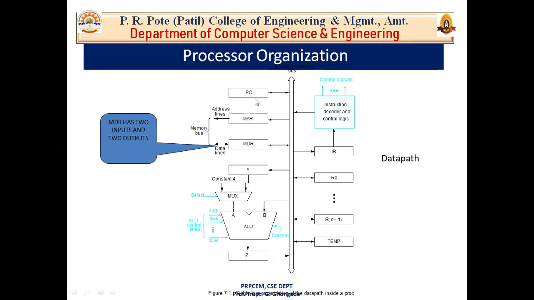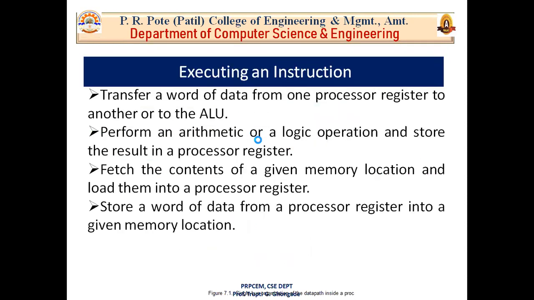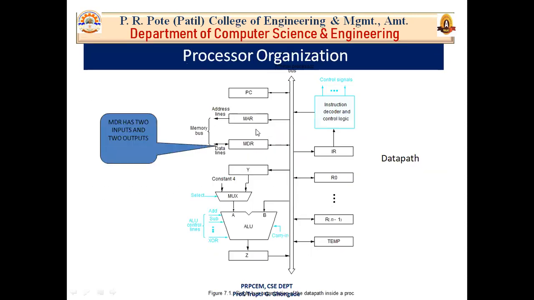In this diagram, there is one program counter which is connected to the internal bus of the processor. After that, we have some registers, that is MAR and MDR. Now this MAR has one output line and one input line. Its output line is connected to the external memory bus and its input line is connected to the processor bus. Then MDR has two input lines and two output lines.